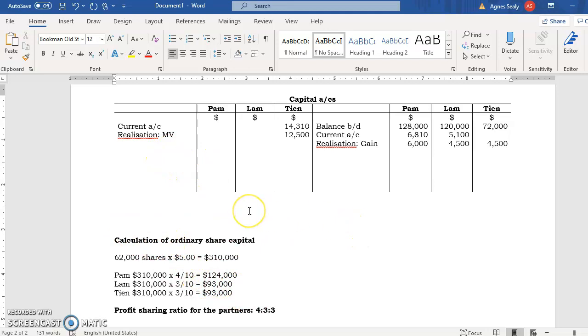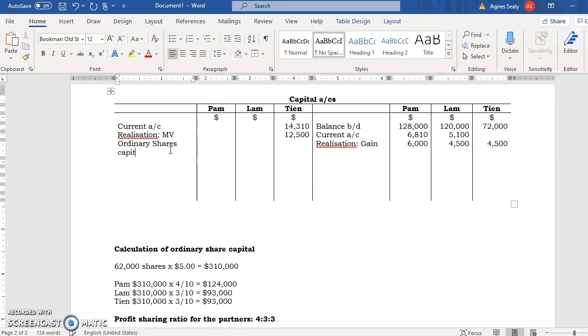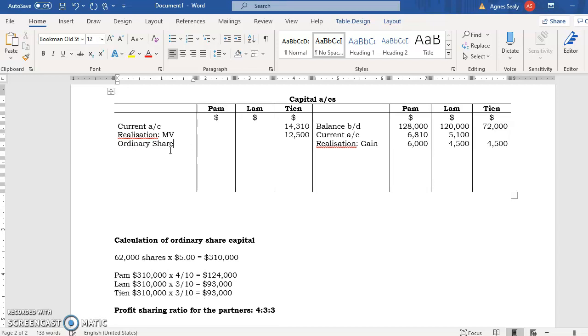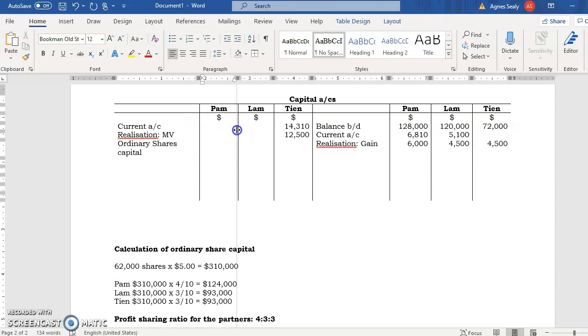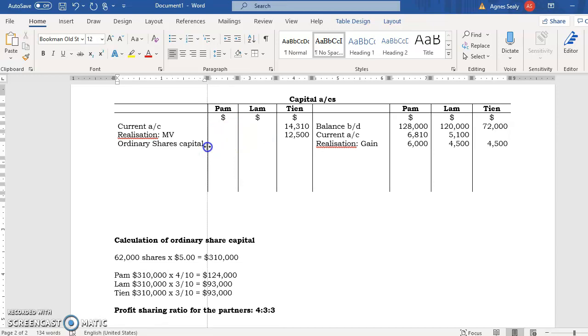We said the accounting entry to record this ordinary share capital will be to debit the partners' capital account, because we want to close the capital account, for $124,000 for Pam, and $93,000 for Lam and $93,000 for Tien.